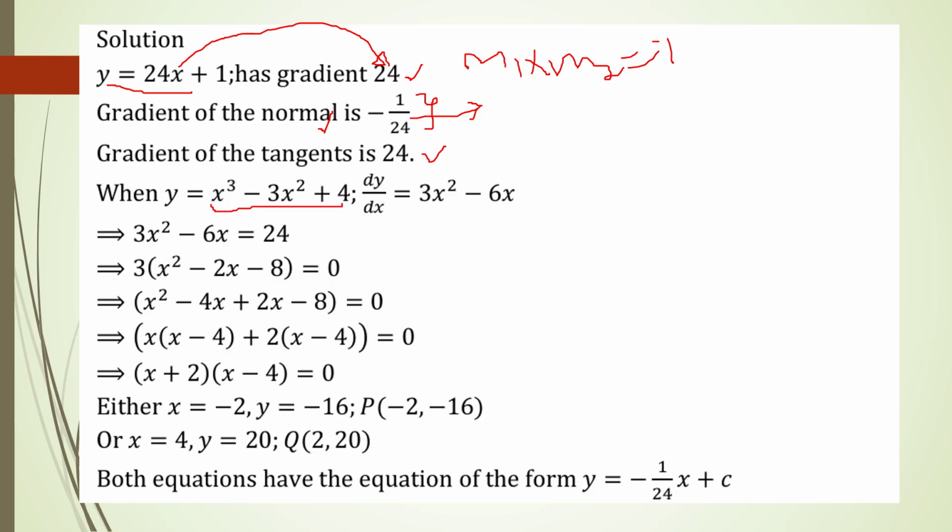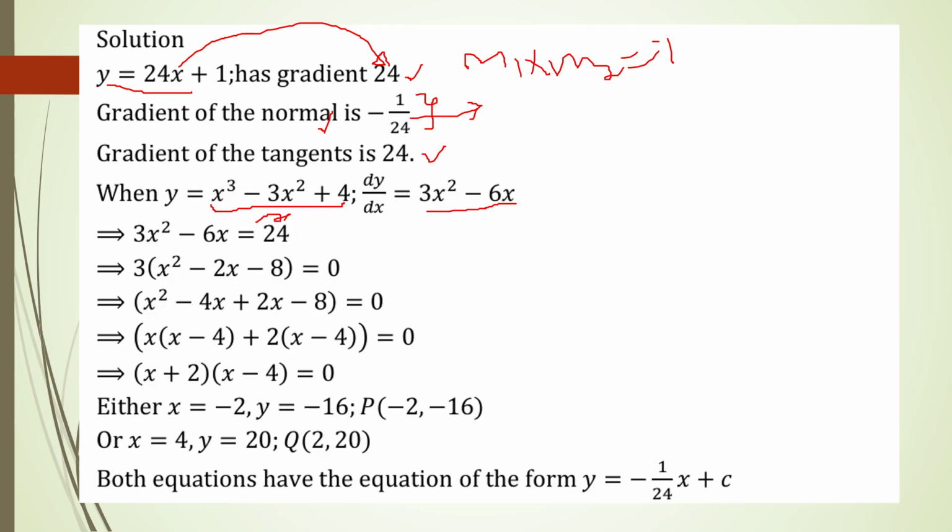Now remember that a tangent can only be perpendicular to its normal, and that means that first, when you differentiate this, we have to get the gradient of the tangent. So differentiating x cubed minus 3x squared plus 4, you end up with 3x squared minus 6x, and then you equate it to 24.